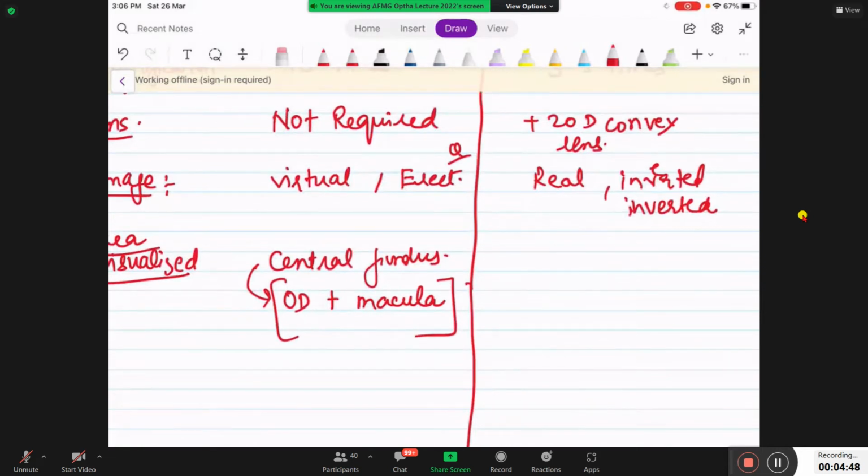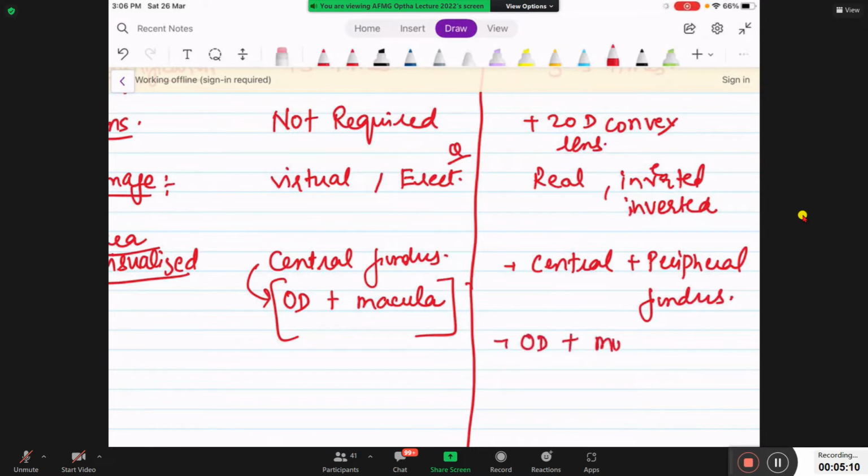So only central fundus can be visualized. This is a drawback with direct ophthalmoscope. Whereas in indirect, you can see central fundus, plus you can also visualize the peripheral fundus also. That means optic disc can be seen plus macula plus you can see ora serrata also.